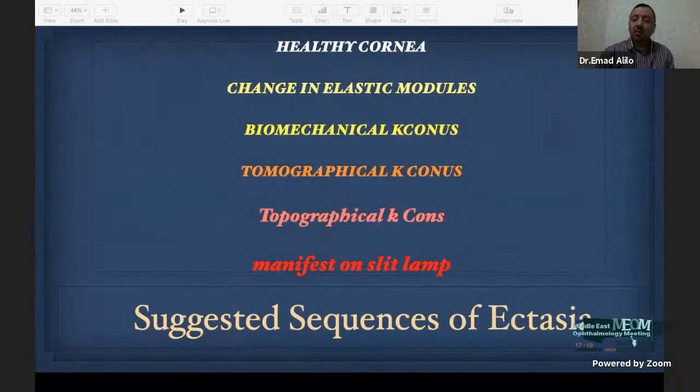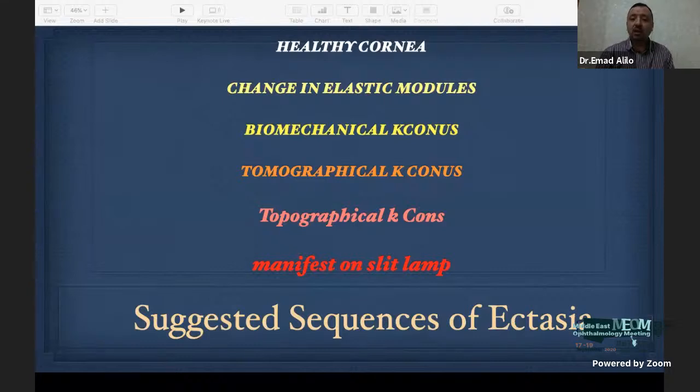So now we have a better understanding of the cornea. It starts with a normal healthy cornea, then there is some change in the elastic modulus, then the level of biomechanical keratoconus. This cornea has a susceptibility to develop ectasia, but it is not yet clear.